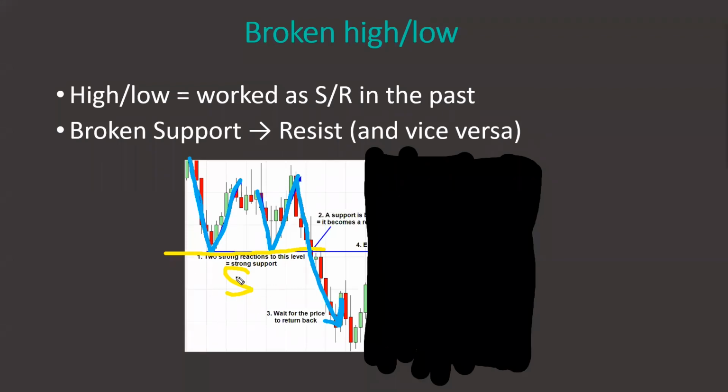What happens with that support when it fails and the price starts to move below it is that the support turns into a newly formed resistance. And that's the resistance which you want to trade. So you wait for a pullback. And when the price reaches this newly formed resistance, you go short from there.